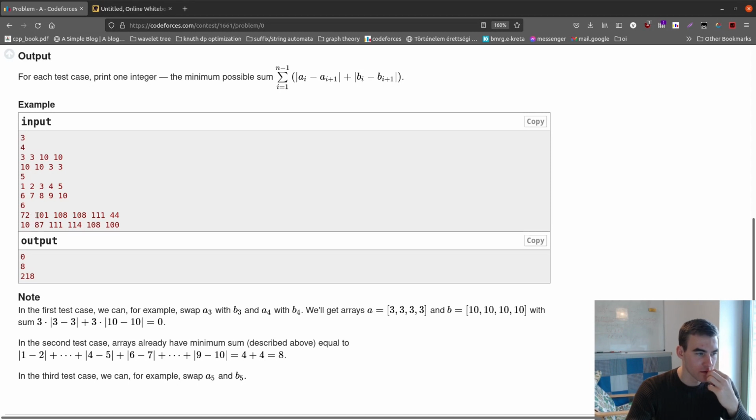If the last two have been swapped, then I'll swap these two. No, I think I can just take the minimum of, yeah.